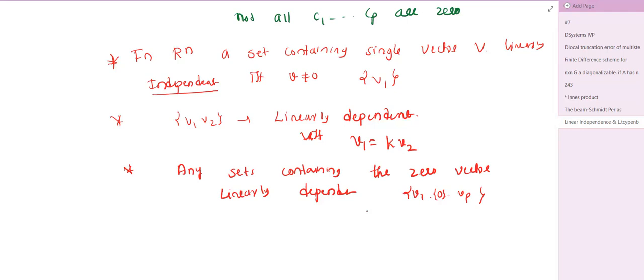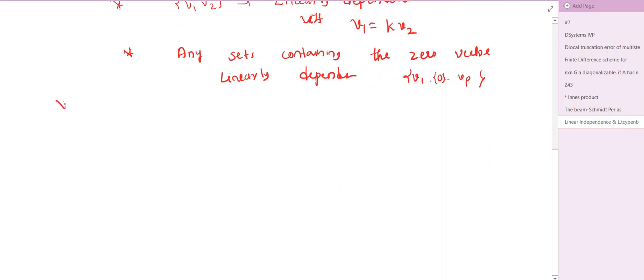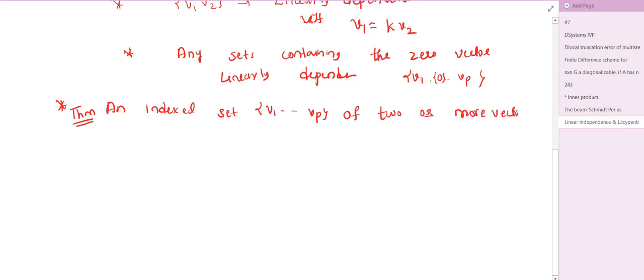Okay, so now we have certain properties with respect to linear independence. In terms of the theorems, we have an indexed set v1 to vp of two or more vectors, with v1 not equal to 0.